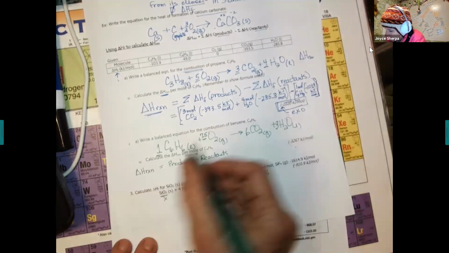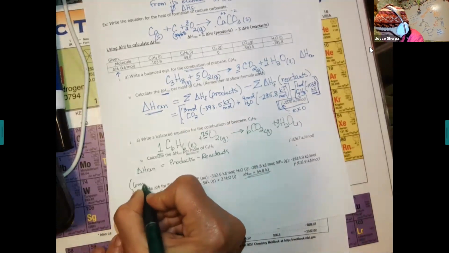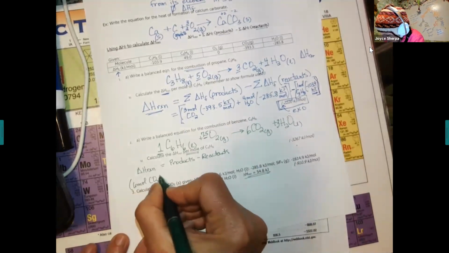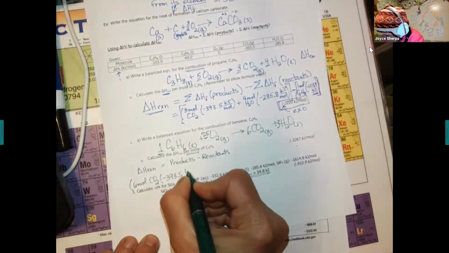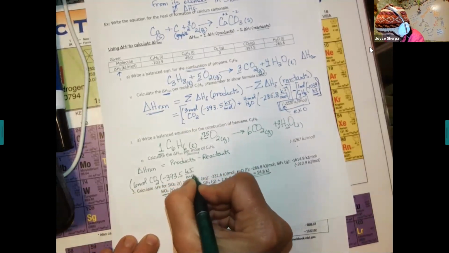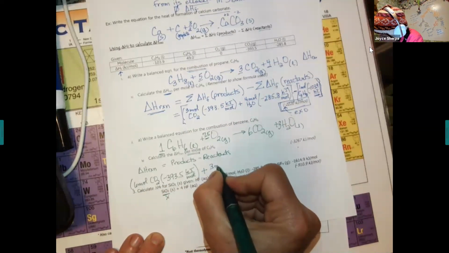Or you can be really nice. It's fun writing the sigma sign. So we have 6 moles of CO2. You guys got the idea, right? Times the negative 393.5. Writing all your units, make it look really pretty. Plus 3 moles of H2O.